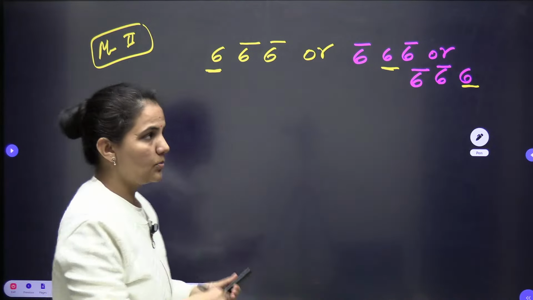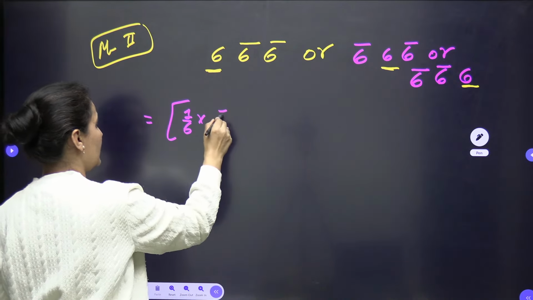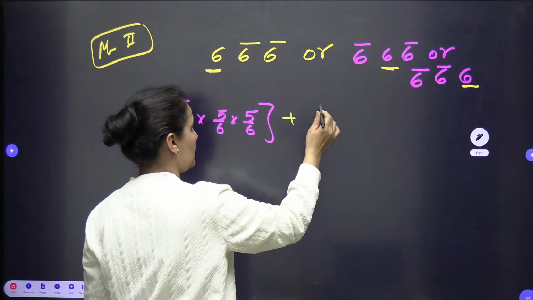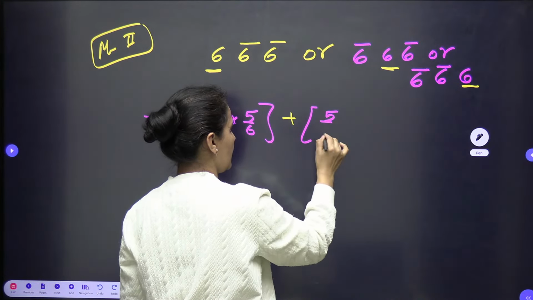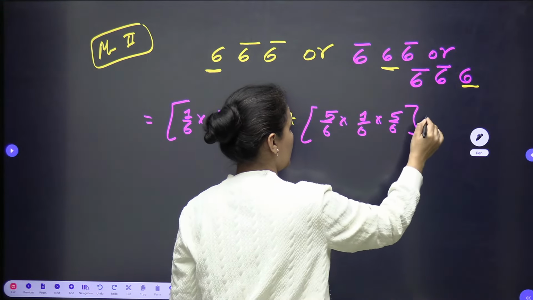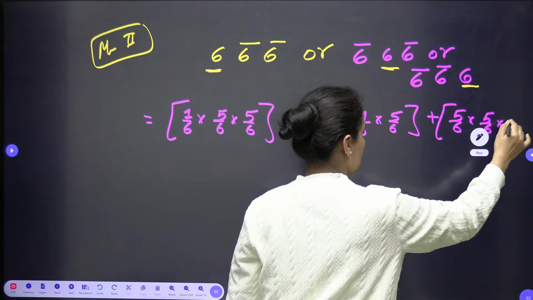Getting 6 is 1 by 6, not getting 6 is 5 by 6. So the cases are 1 by 6 into 5 by 6 into 5 by 6, plus 5 by 6 into 1 by 6 into 5 by 6, plus 5 by 6 into 5 by 6 into 1 by 6.